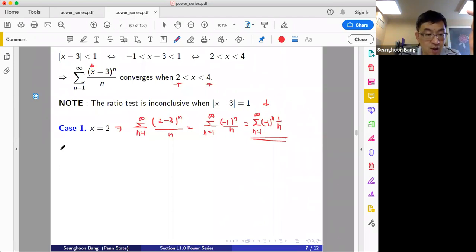So you can check the first condition. The sequence Bn is 1 over n. We can plug in 1, 2, 3, 4, and the values get smaller. So the sequence 1 over n is decreasing.